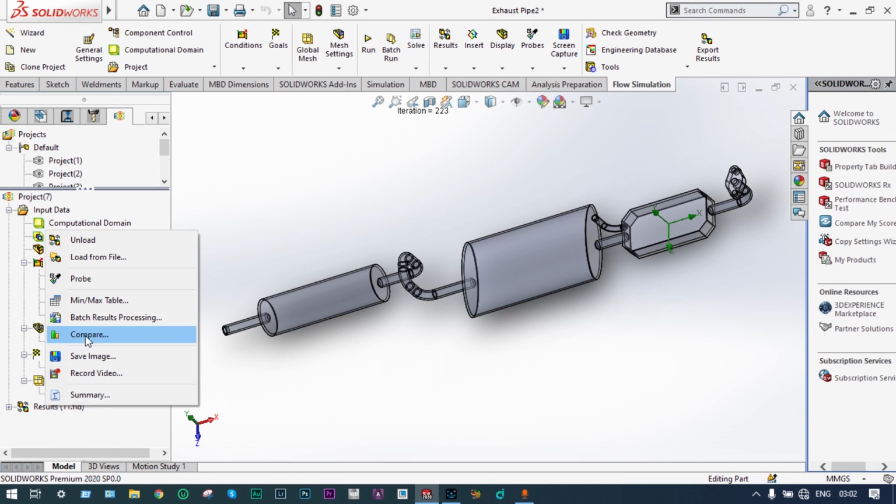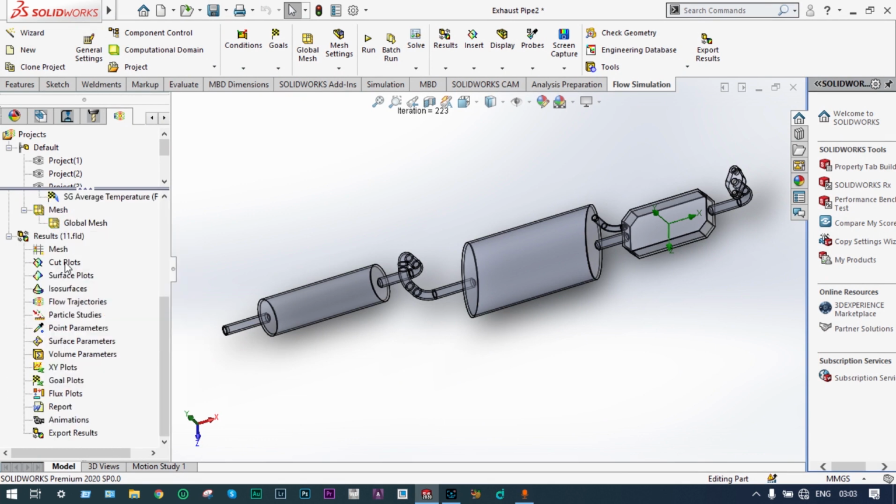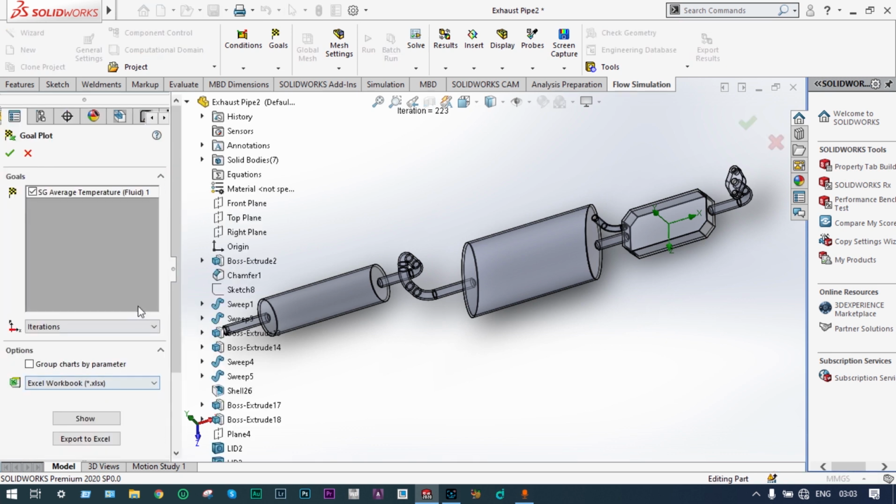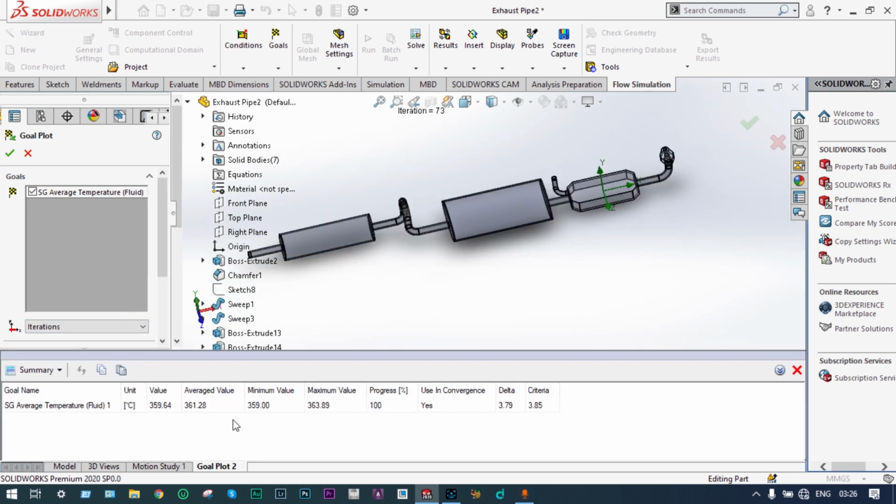Let's see the result. Cut plot and other things we are not bothered about because we have already seen these things in our previous video. When you check the exhaust gas temperature from the goal plots, insert goal plot, and when you see the surface goal at the exit location, you can see that exit gas temperature minimum is 359 degrees centigrade, maximum is 363.89 degrees centigrade, and average is 361.28 degrees centigrade at the exit location, right?